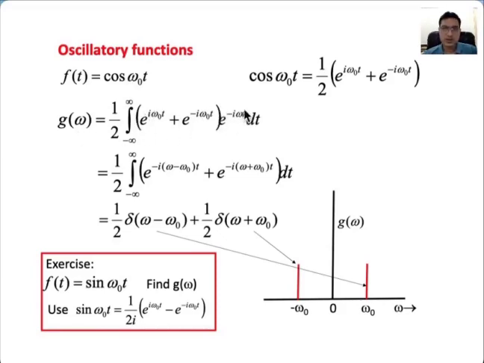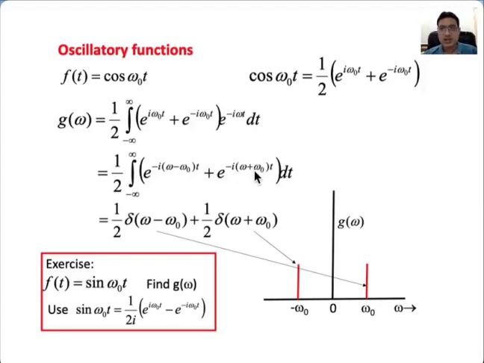So here you have e to the power i omega t. So now you can collect the first term and then the second term. This is the first term you get, e to the power minus i (omega minus omega 0) times t, and this is the second term. And by using the definition of delta function which you have seen in the previous slide, you can easily write down: this is your delta of omega minus omega naught, and this is your delta of omega plus omega naught.